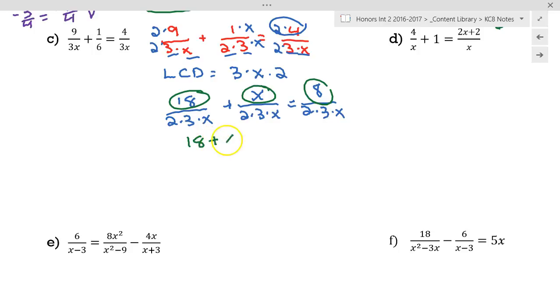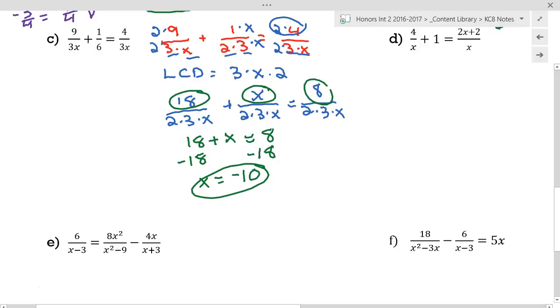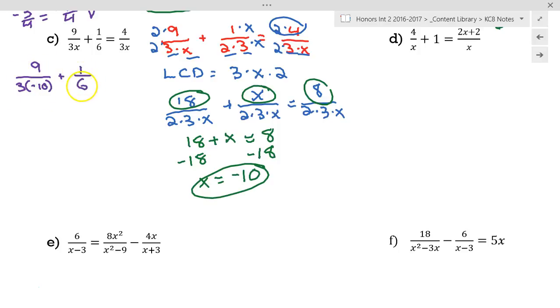So I have 18 plus x equals 8. I'm going to subtract 18 from both sides. So x equals negative 10. After I do that, I'm going to plug it back in to check. So that's 9 over 3 times negative 10 plus 1 over 6 equals 4 times 3 times negative 10. When I do that, I get negative 4 over 30 equals negative 4 over 30. That checks out.